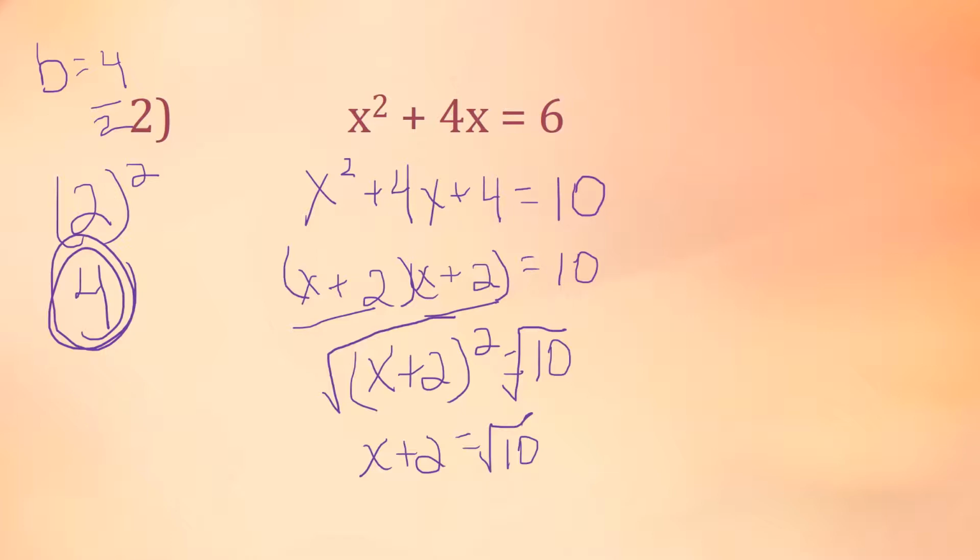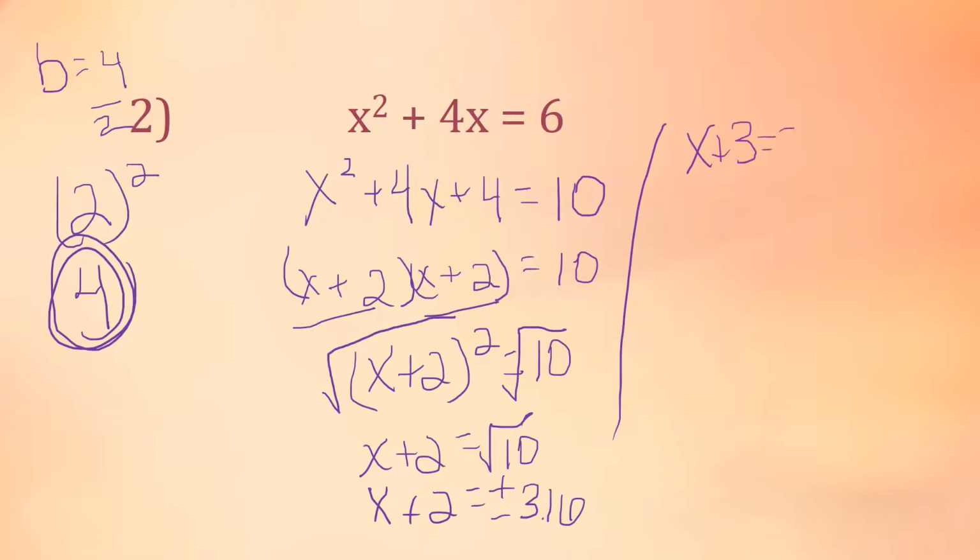So now, let's just find out what the square root of 10 is, and we'll just round it for now. If you use your calculator, we know that it is not going to be a perfect square. My calculator is telling me that it is 3.16, so we'll go with 3.16. So I have x plus 2 equals positive or negative 3.16. Bring it up here.